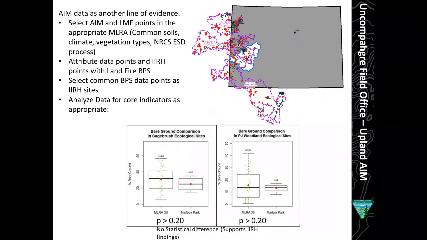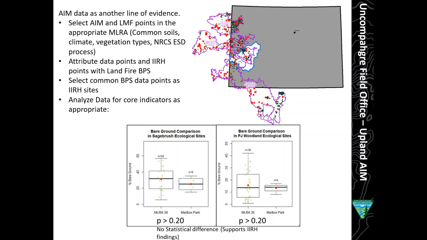And the reason we do that is common soils, common climate, common vegetation types, and most importantly, it's following the NRCS ecological site process for naming and describing ecological sites. We then attribute the points data from our IIRH and the AIM data with LANDFIRE BPS. That gives us the ability to compare similar sites to our IIRH sites.